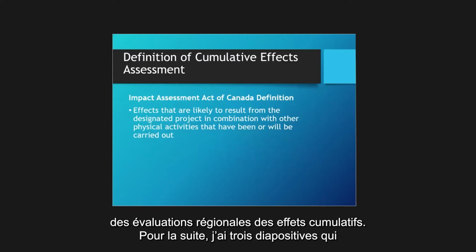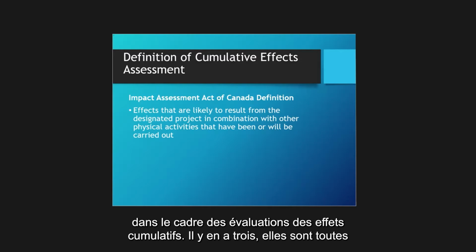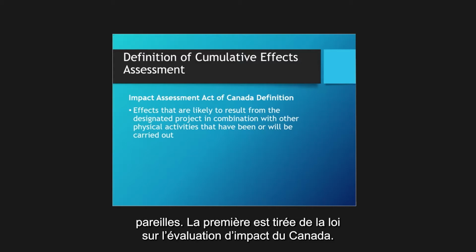Next, I have 3 slides that provide more technically sophisticated explanations of cumulative effects in the context of cumulative effects assessment. There are 3 of them. They are all the same. The first one is from the Impact Assessment Act of Canada.